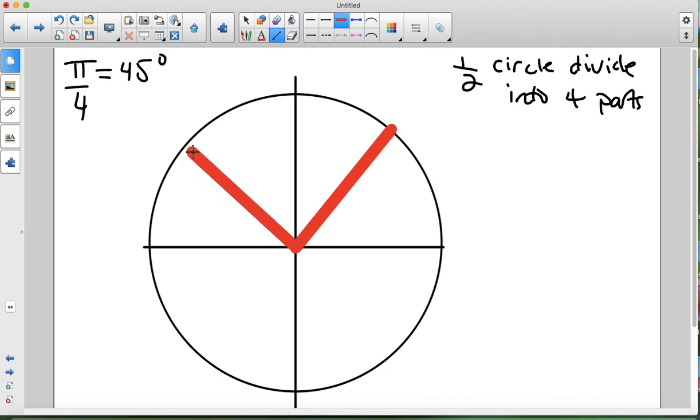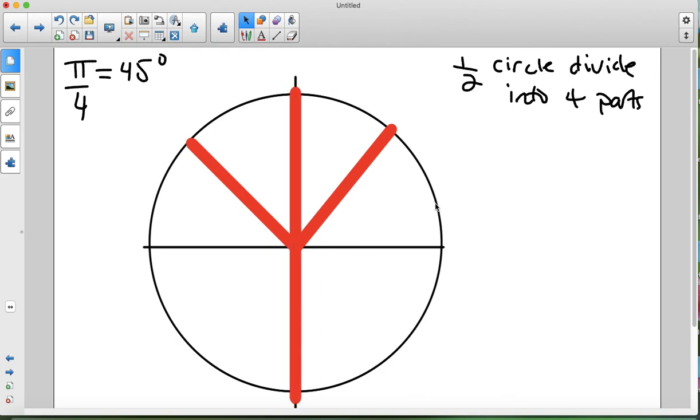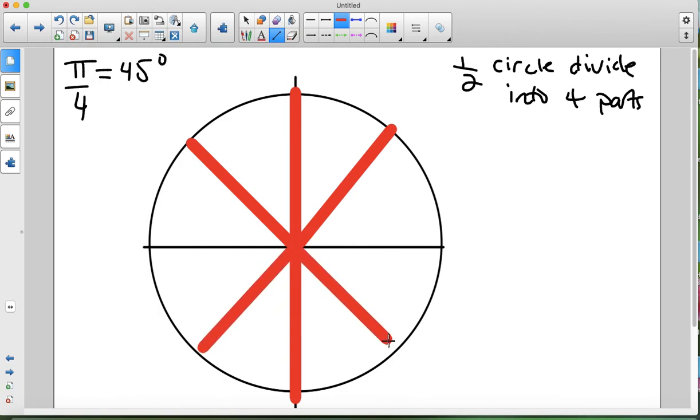Oh, yes, it is, because I'm counting the one in the middle. There we go. And let's not forget the horizontal. So we have the 1, 2, 3, 4, 4 parts on top, 1, 2, 3, 4, 4 parts on the bottom.